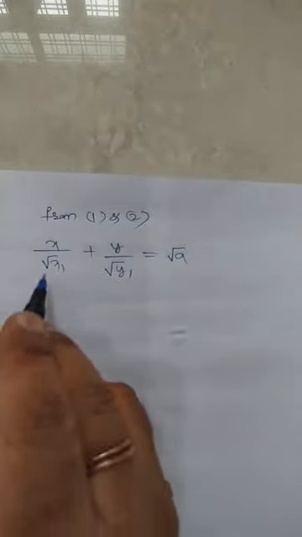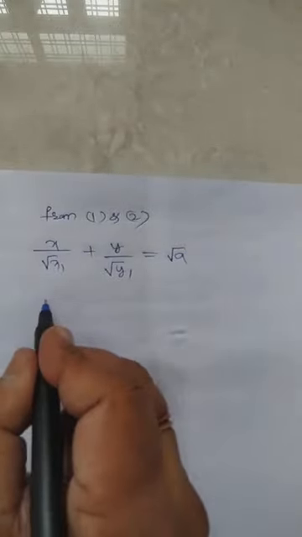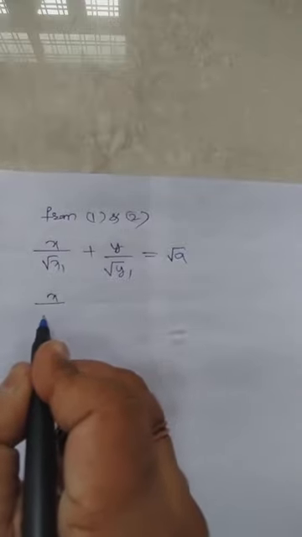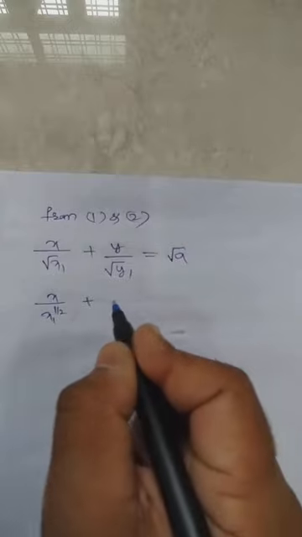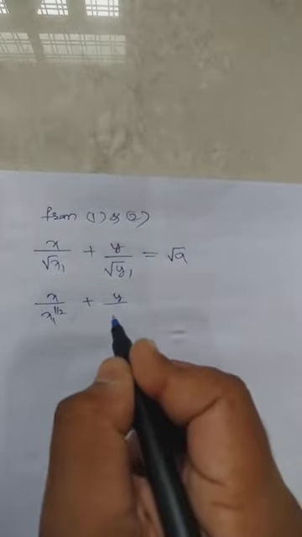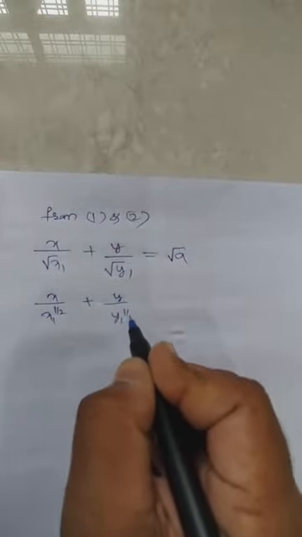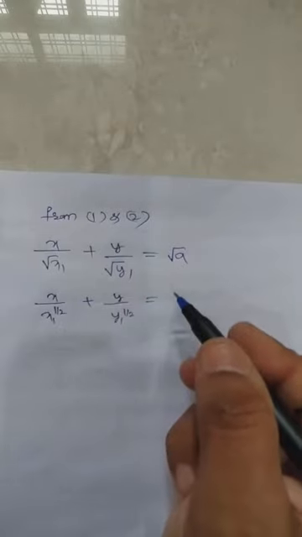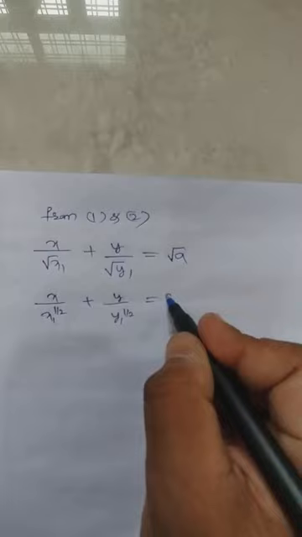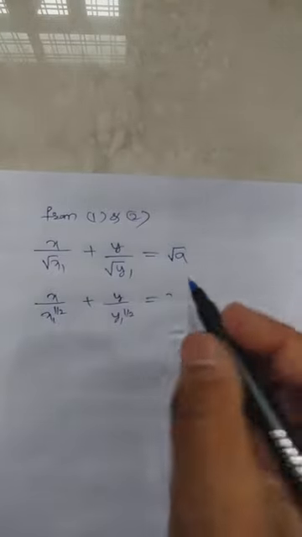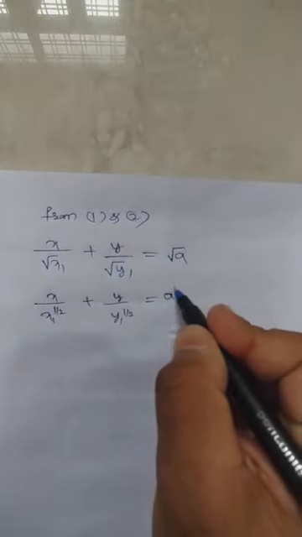So it can be written as x by x1 power 1 by 2 plus y by y1 power 1 by 2 is equal to a power 1 by 2.